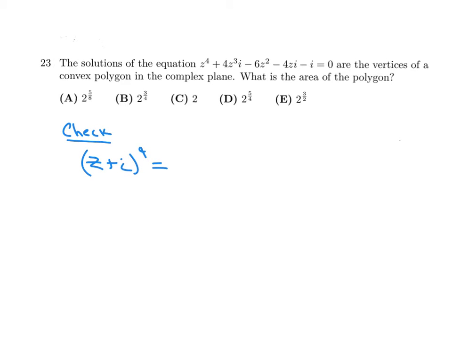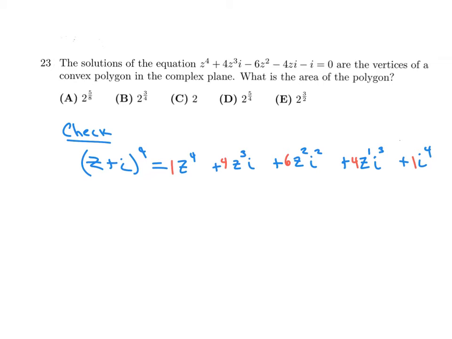Well, if we use the pattern, that would be z to the fourth i to the 0, plus z cubed i to the 1, plus z squared i squared, plus z to the 1 i to the third, finally plus i to the fourth z to the 0, and then you stick in your coefficients using Pascal's triangle. So 1, 4, 6, 4, 1.